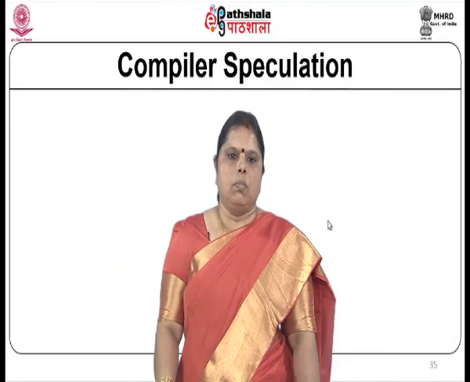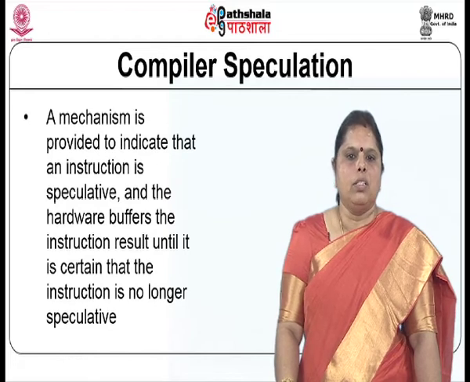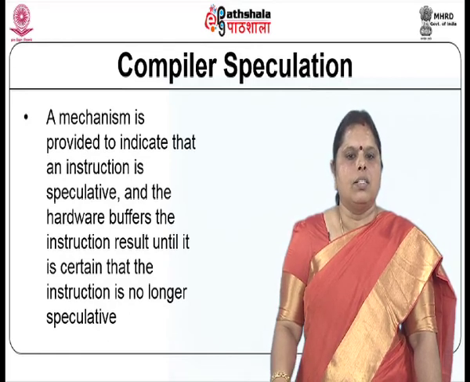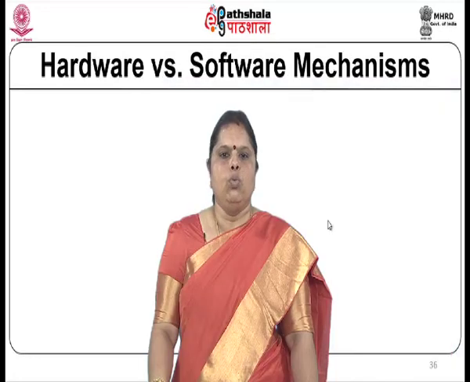So, that is the third method. And you also have another method where a mechanism is provided to indicate that an instruction is speculative and the hardware buffers the instruction result until it is certain that the instruction is no longer speculative. So, these are some of the methods that the hardware gives support in order for the compiler to do speculation.